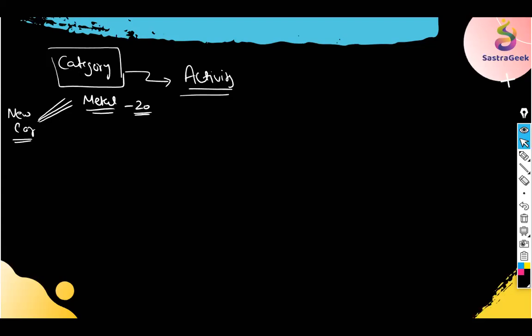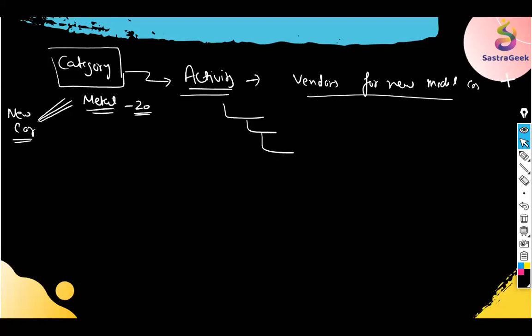So you can create an activity here, to identify component vendors for the new model car. That can be a big-level activity. Under this activity, you need to do multiple tasks.